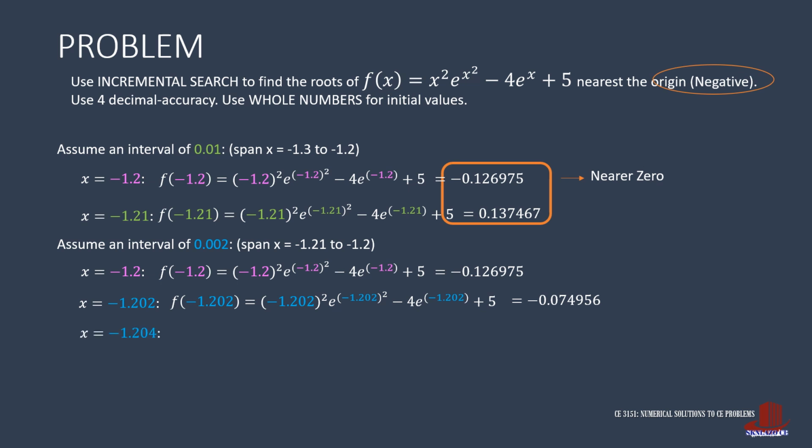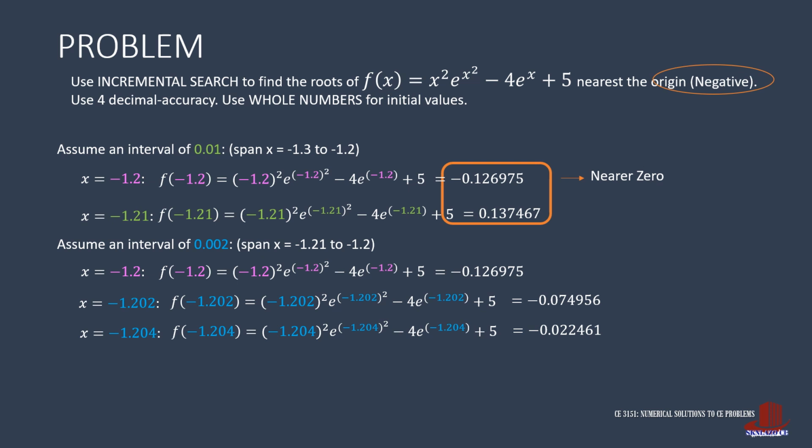When x is negative 1.204, the function becomes the square of negative 1.204 with e raised to the square of negative 1.204, minus 4e raised to negative 1.204, plus 5, giving negative 0.022461.